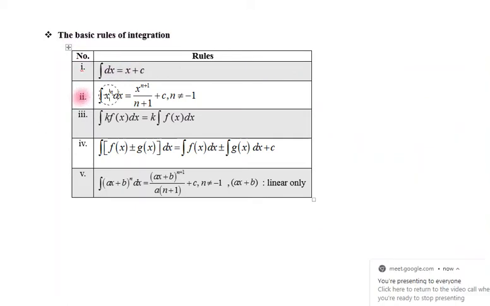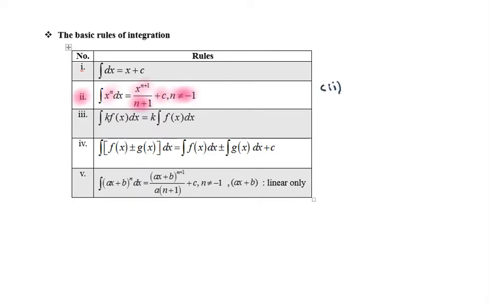The second rule, integrate of a linear function x raised to power n is equal to x, we increase the power by 1, n plus 1, and divide by n plus 1 plus a constant, provided n is never equal to -1.